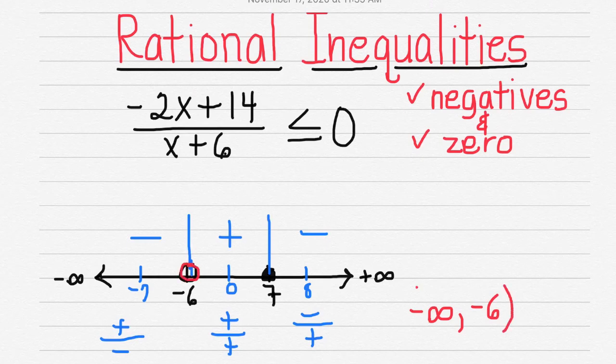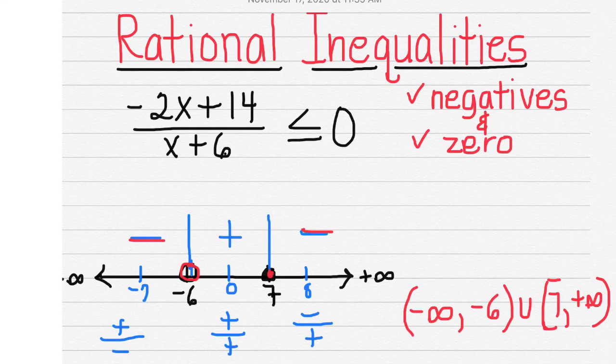So I'm going to put parentheses around both, and then I'm going to union that with a bracket because I do want to include 7, and that goes to positive infinity. So that's how I determine it. I find the negatives and determine my domain.